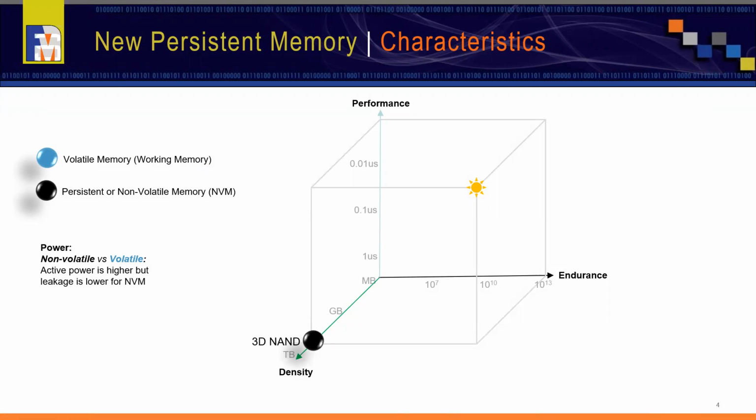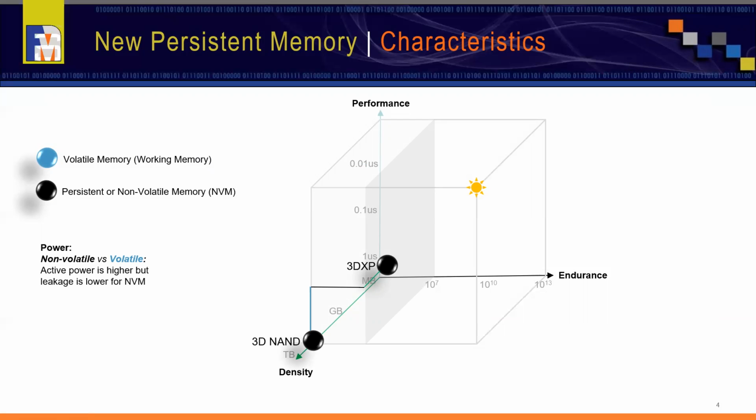Start with the 3D NAND, which has the highest density relative to other memories, but the performance and endurance are relatively lower. So that comes on the bottom corner. With 3D Crosspoint, you gain performance and endurance with respect to 3D NAND.